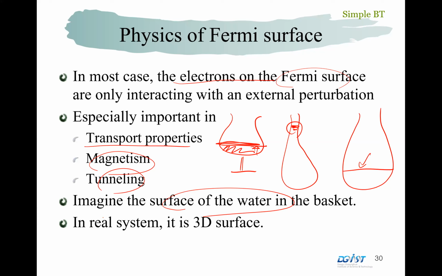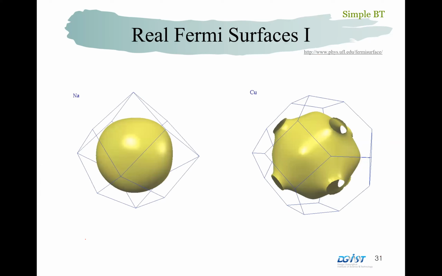In real materials, the Fermi surface is actually a three-dimensional surface. It's not easy to draw in a two-dimensional space. Usually when we see the Fermi surface in a textbook, we see a cross section of it.